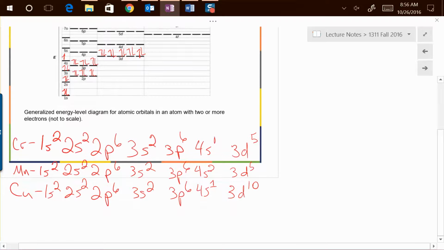So the electron configuration then of zinc would be what? 4s2, 3d10. It goes back to normal. Okay?